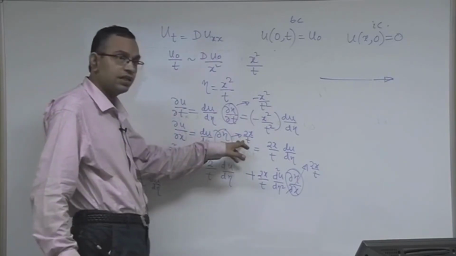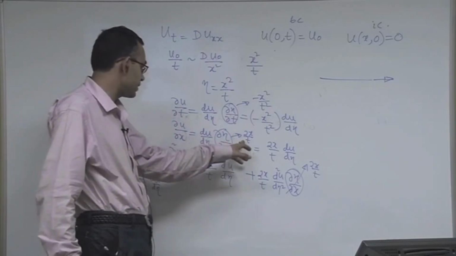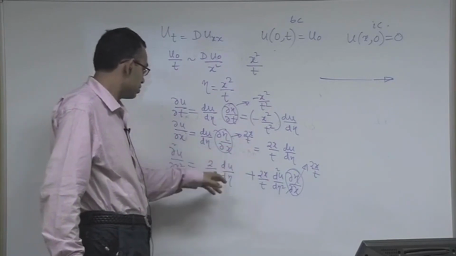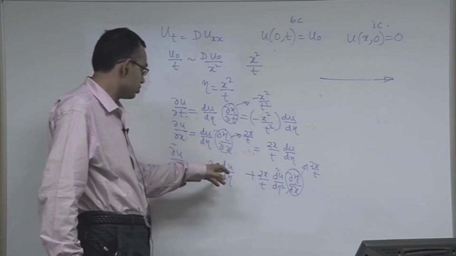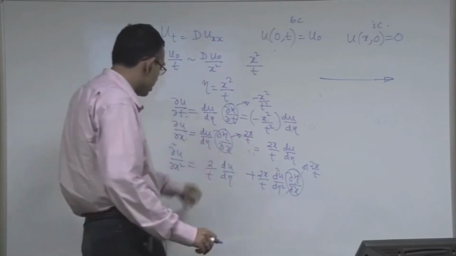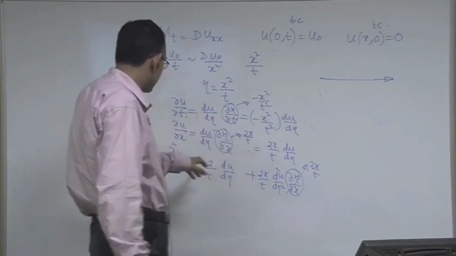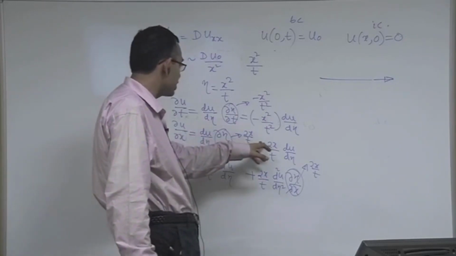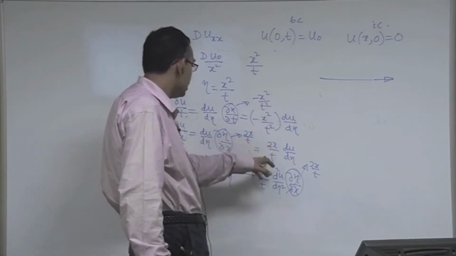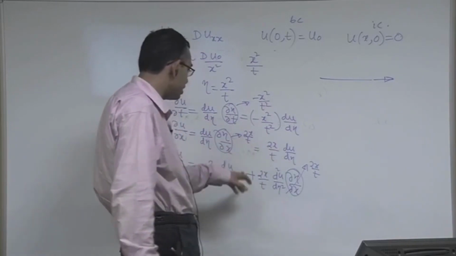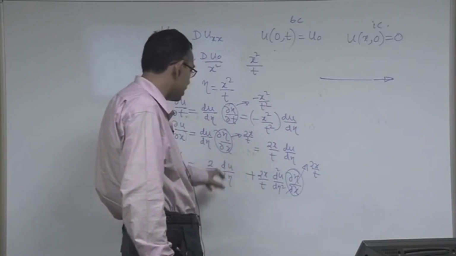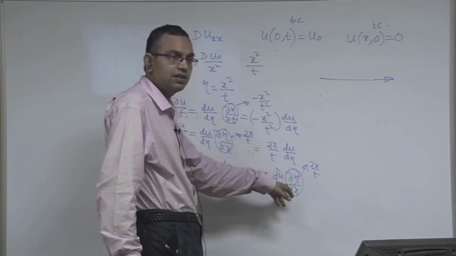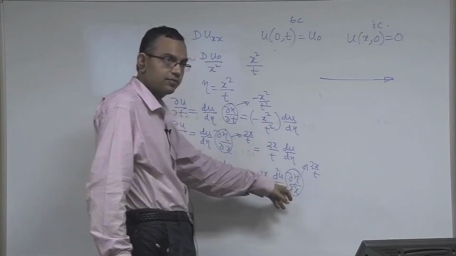We have differentiated this with respect to x, so this has become 2x by t du d eta. When you differentiate it again with respect to x, this becomes 2 by t du d eta, then this differentiated with respect to x gives 4x square by t square d2u d eta 2.